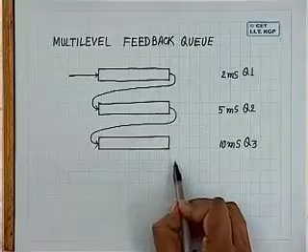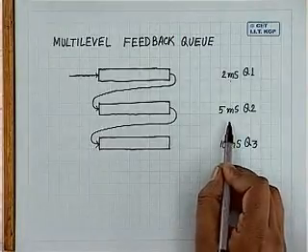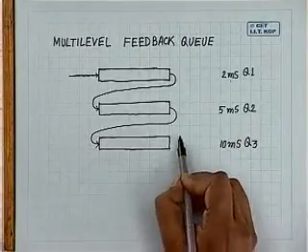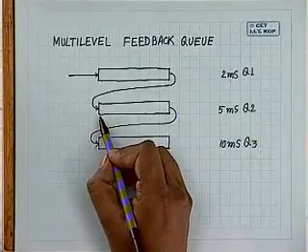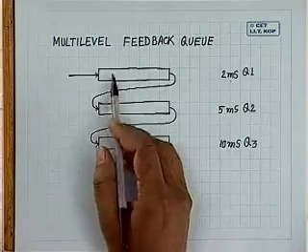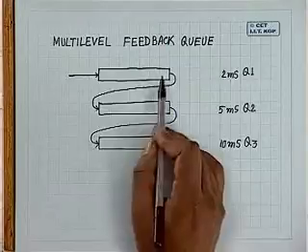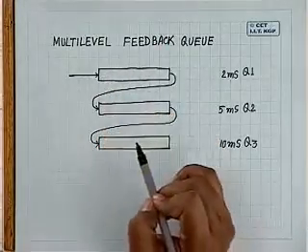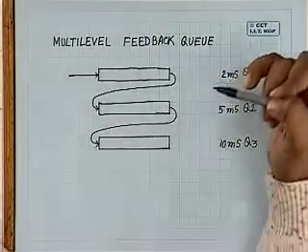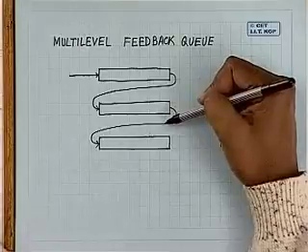I can also have one provision that in the last queue, if I find that the CPU burst of the job is less than 5 milliseconds, I should be able to push it up, which gives me full freedom. That means if the job during some duration of time remains IO bound, it will remain in queue number 1. Whenever it changes its nature from IO bound to CPU bound, I push it downwards.